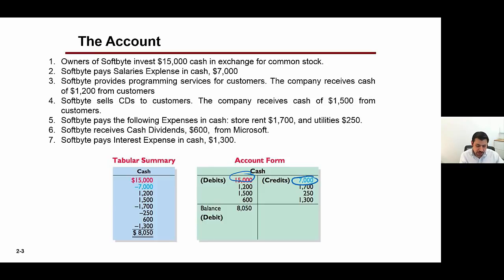So as you can see, all the increases go to the debit side, and the decreases go to the credit side. In this case, we are only talking about asset accounts. We will talk about the remaining ones shortly.